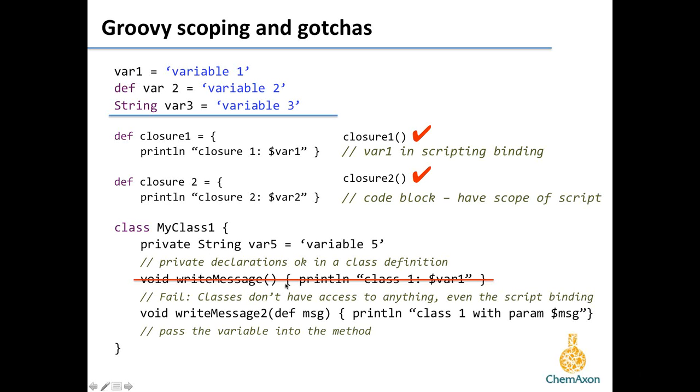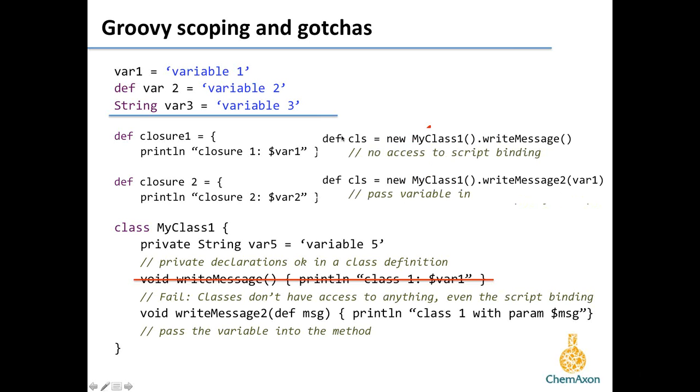Now write message itself will fail because a class does not have access to anything, even the script binding. So once you define a class, you lose all your access to the global script binding here, even if you're calling a closure. However, write message 2, if we're passing in the variable, it will work fine because we've passed the variable into the method when we've called it.